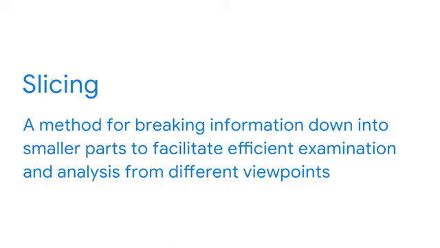Next on the list of structuring methods is slicing. Slicing breaks information down into smaller parts to facilitate efficient examination and analysis from different viewpoints. Think of slicing as either or both options for columns and rows, a combination of extraction and filtering.